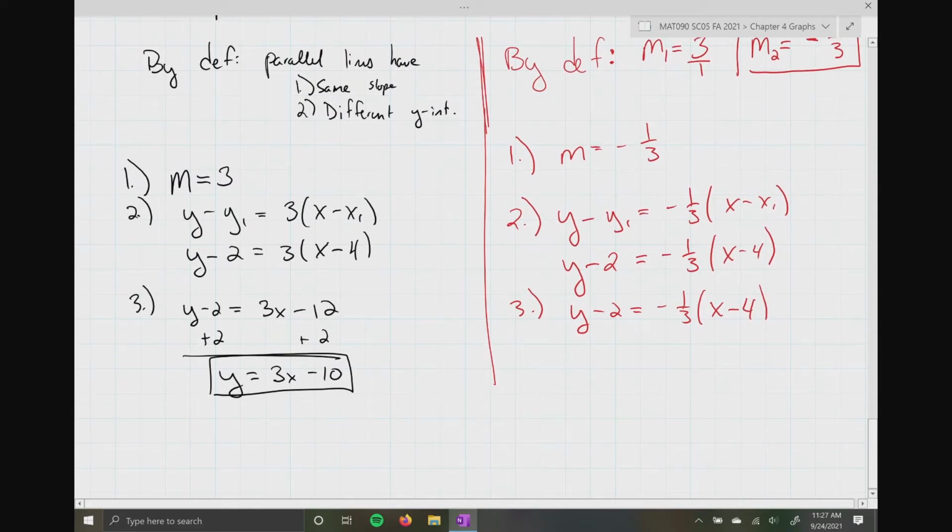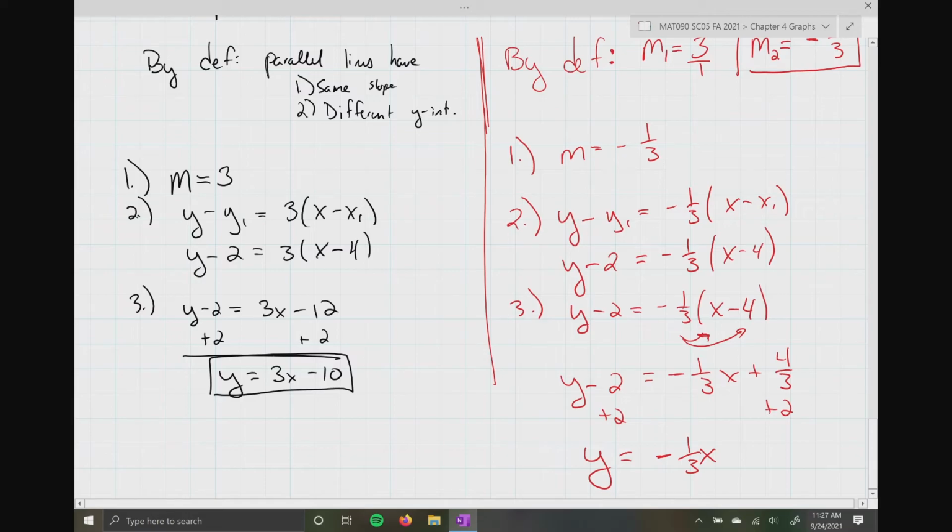So let's go ahead and distribute the negative 1/3 first. y minus 2 equals negative 1/3 x plus 4 over 3. And now I have to add 2 to that. So plus 2 and plus 2. So y is going to equal negative 1/3 x. But give me a second.